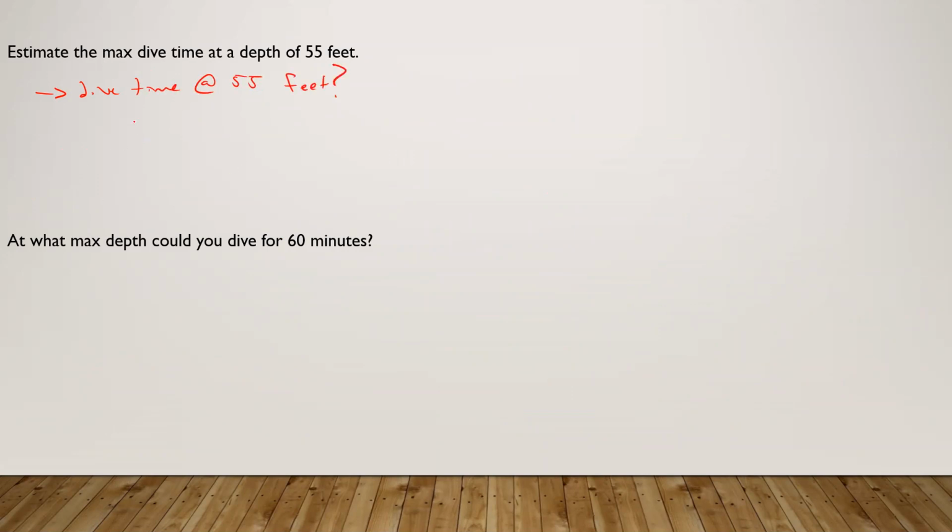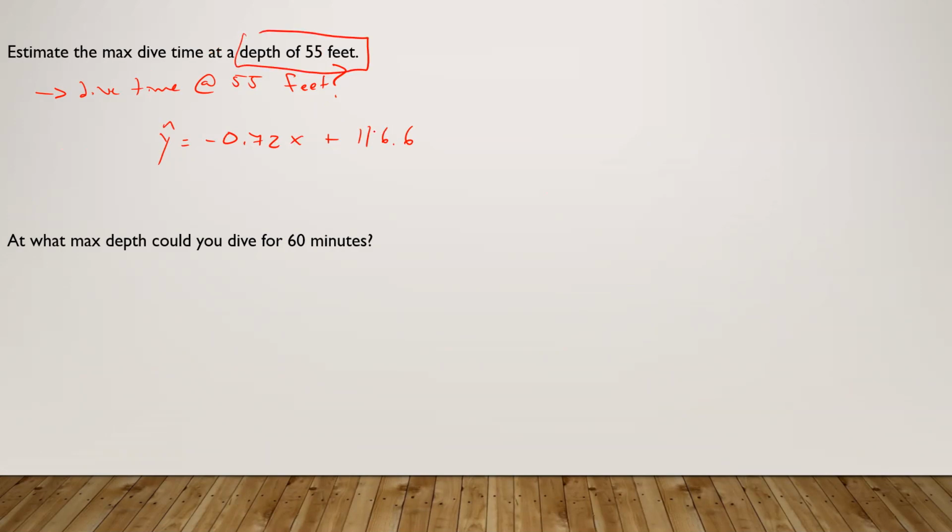Okay, so this is the equation we had: y hat is equal to minus 0.72 times x plus 116.6. There are two variables here, y and x. I'm giving you the depth of 55 feet.